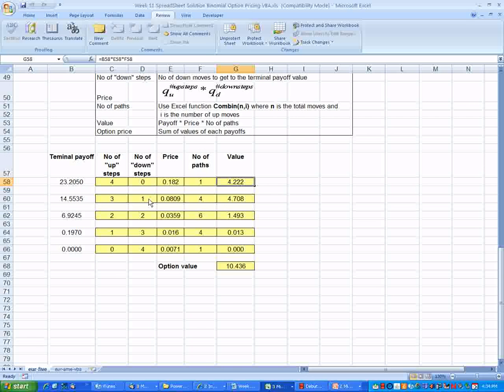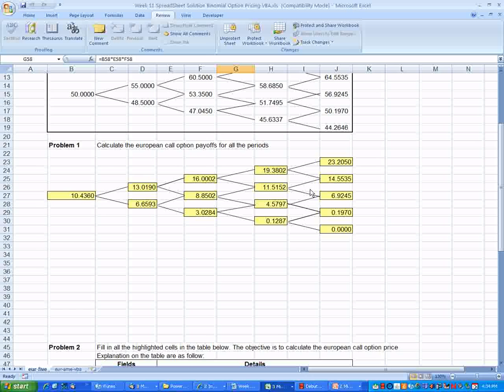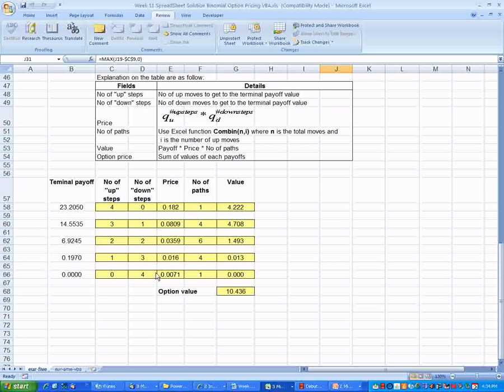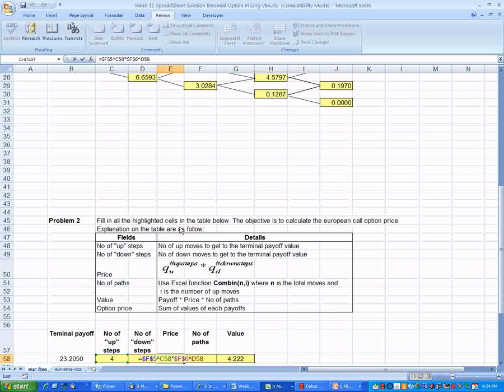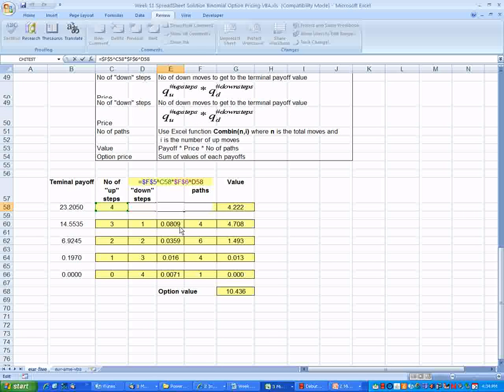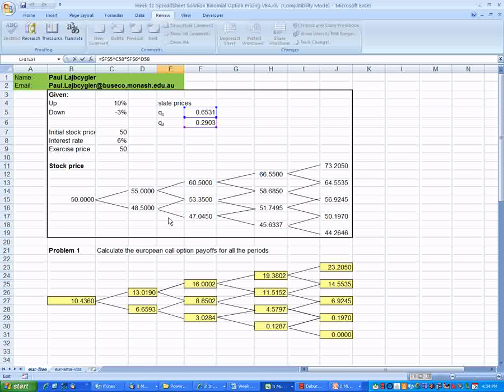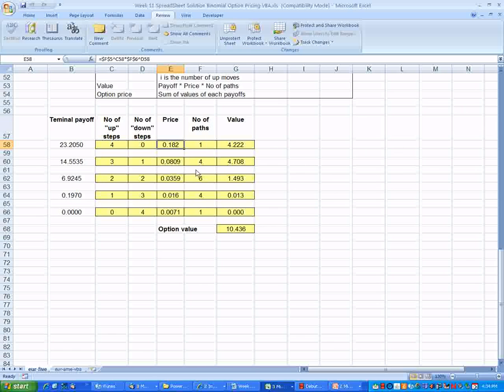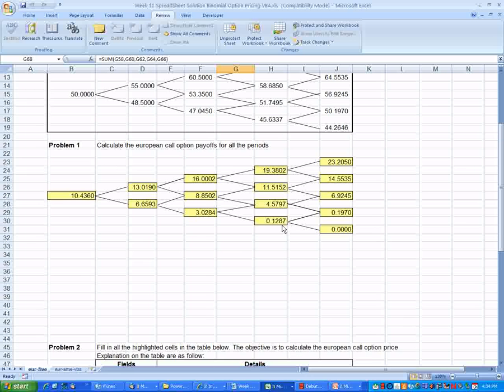We do that for each and every one of these intermediate leaves, and calculate the number of steps and the price using the power of up steps and the multiplier, the number of down steps and the state price down multiplier, and then adding everything together to get a final option value, $10.43, which corresponds to the one we got using the binomial tree.